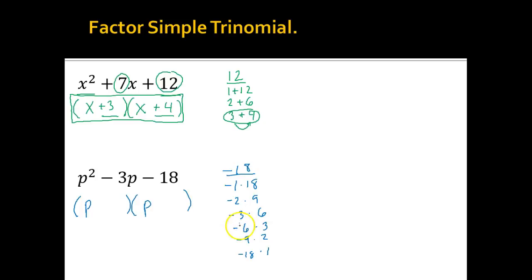Now, remember, after we do that, then we come along and say, okay, which of these adds up to that middle number? You probably already know what the answer is, but let's do it methodically. Negative 1 plus 18 is 17. Negative 2 plus 9 is 7. Negative 3 plus 6 is 3.